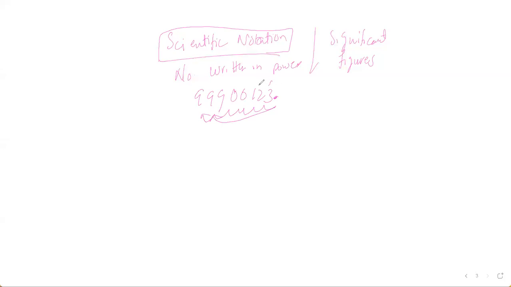For example, I have moved 1, 2, 3, 4, 5, 6, 7. So it will be written as 9.9 times 10 raised to power 7. Or if you want to round it off, it could be written as 10 times 10 raised to power 7.